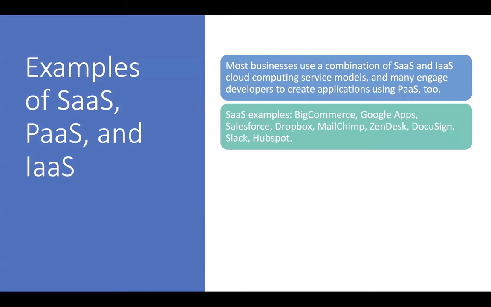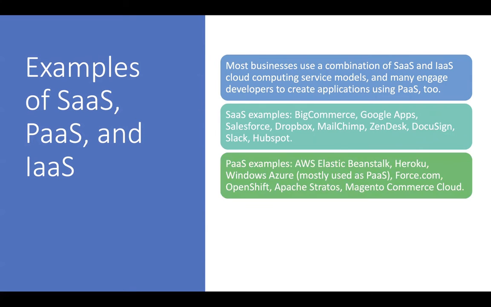SaaS examples are BigCommerce, Google Apps, Salesforce, Dropbox, Mailchimp, GetResponse, DocuSign, Slack, etc. Those are all used for SaaS. Next, PaaS examples are AWS Elastic Beanstalk, which we'll learn in the coming sessions, Heroku, Windows Azure, Force.com, OpenShift, etc. Those are all PaaS examples, platform as a service.